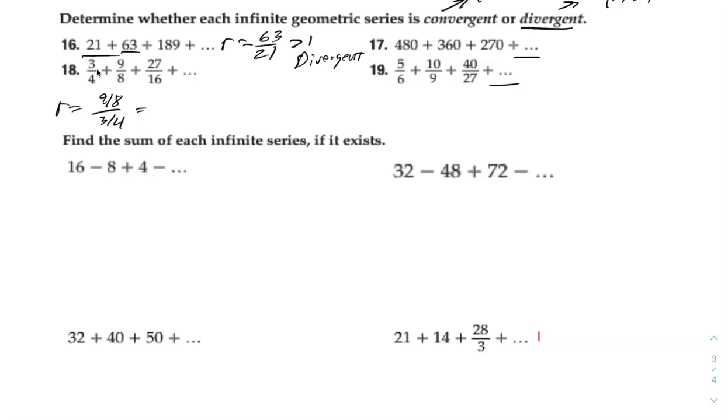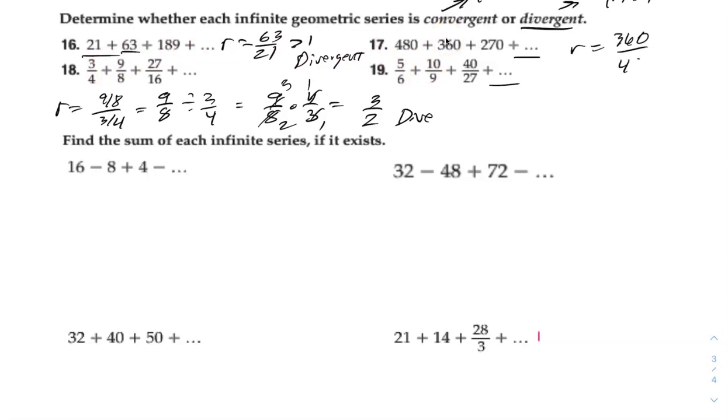I just rewrote it, and then I'm going to multiply by the reciprocal, which gets me 3/2. So again, divergent, bigger than 1. Number 17: again, R is just going to be 360 over 480. That is less than 1, so this is convergent. That means I can find the sum. So if I was asked what's the infinite sum, I could find it for this one.